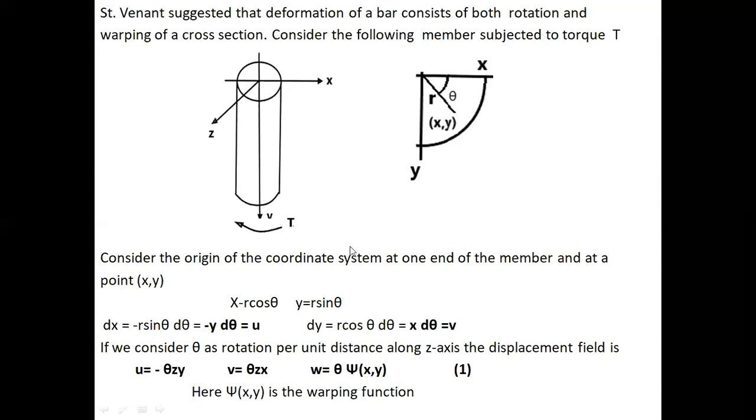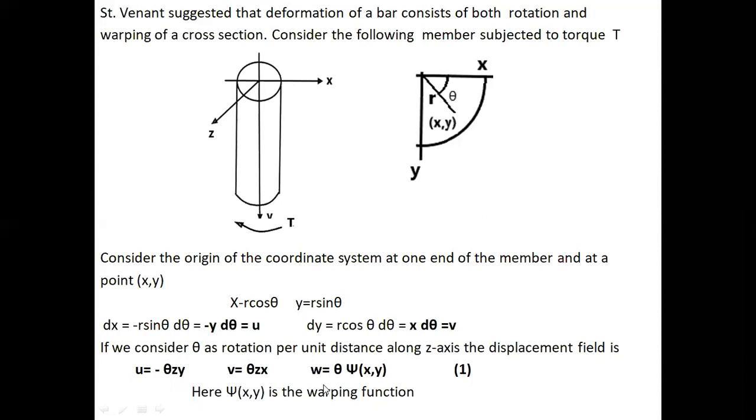So if we take it along the z-axis, the displacement field will be given by u, the displacement in the x direction, is minus theta z y, because theta is defined as the rotation per unit distance. So if you take the rotation at a distance z, it will be minus theta z y, and v will be equal to theta z x.